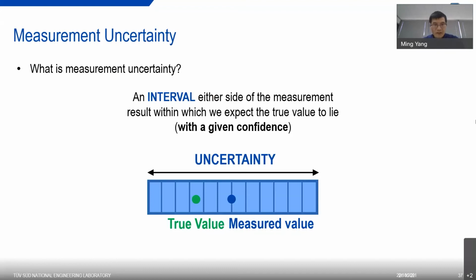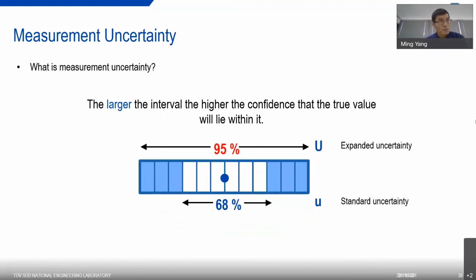So with uncertainty, we're talking about an interval on either side of your measurement value. Now, uncertainty can be large or small, and that all depends on how confident you want to be that the true value will lie within it. The more confident you want to be, the larger the uncertainty. Generally speaking, there are two terms. One is called standard uncertainty, which is 68% confidence.